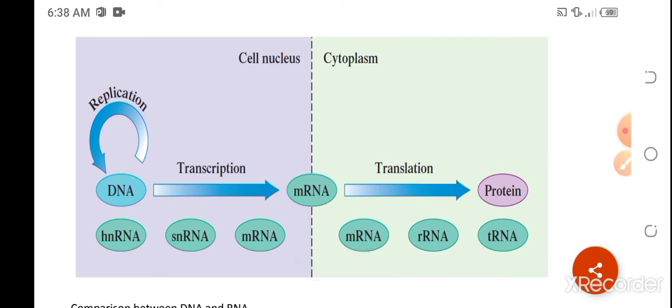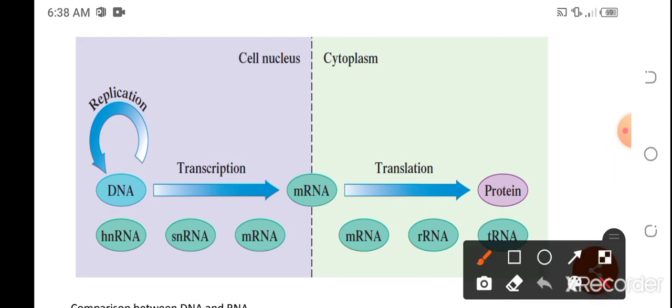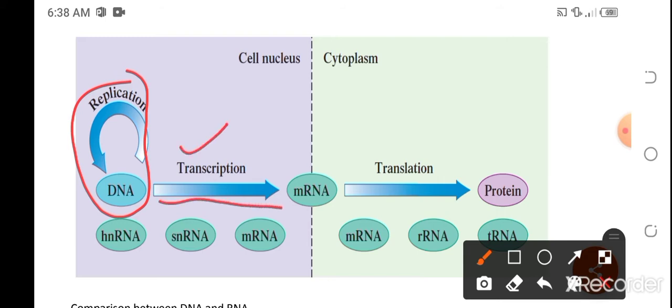Okay, so protein synthesis starts with the replication of DNA, because DNA is very important in protein synthesis. And once DNA has been replicated, this undergoes the transcription process, which happens inside the nucleus, such that the DNA will be transcribed into an mRNA.